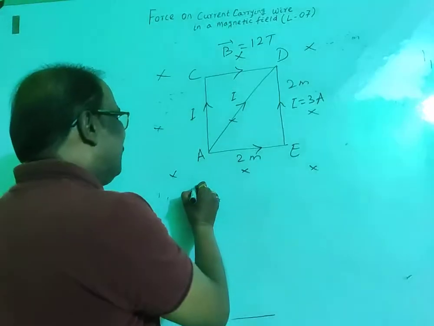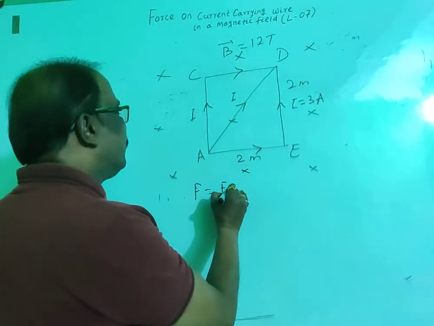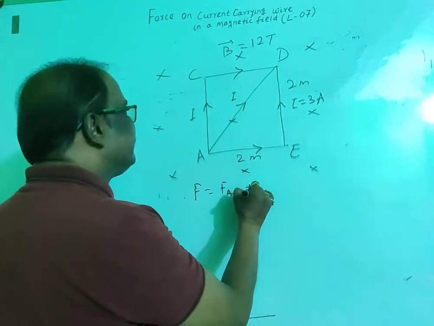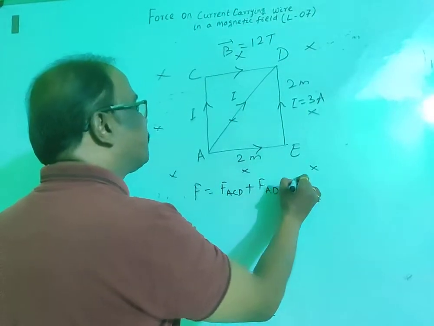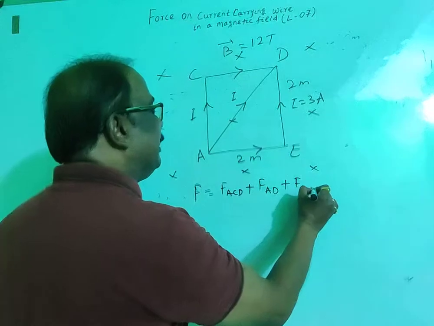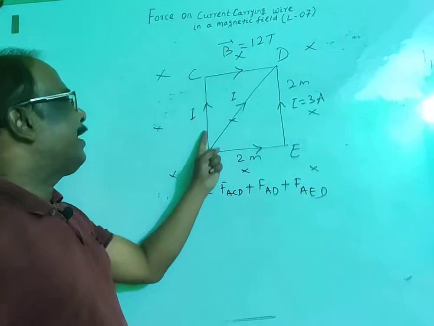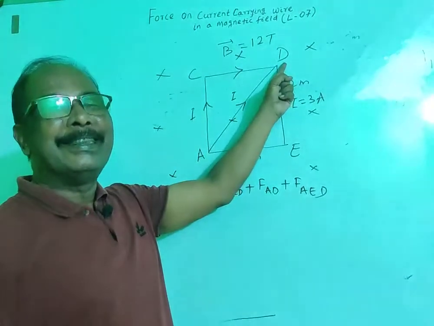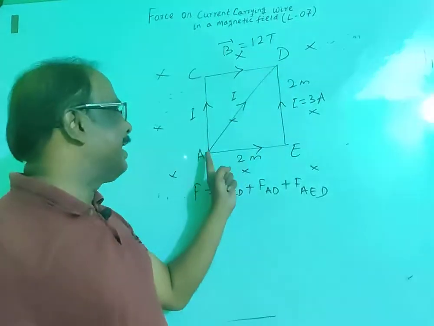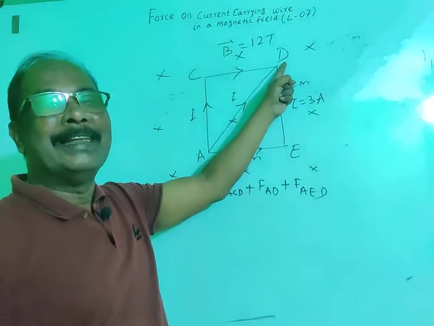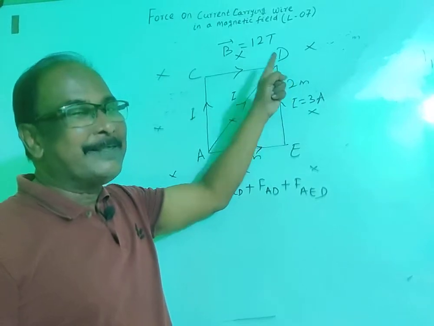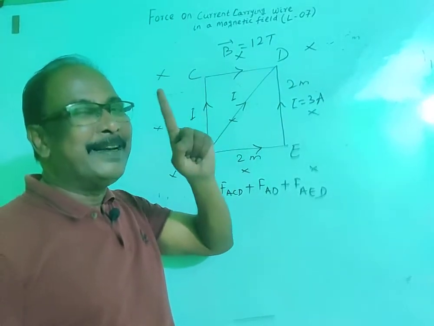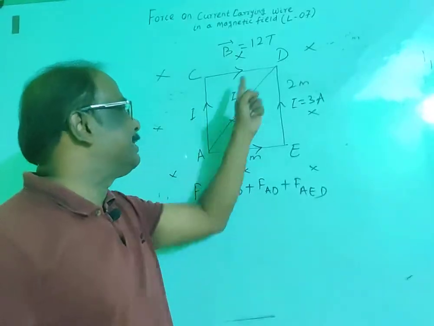Total force is equal to force on ACD plus force on AD plus force on AED. But for ACD, this is a curved path. Initial point is A, final point is D. The integration of dl is the vector sum of elements of the conductor from initial to final.